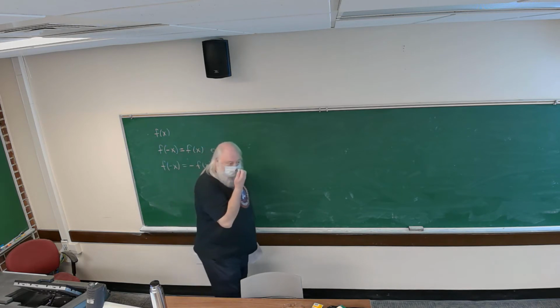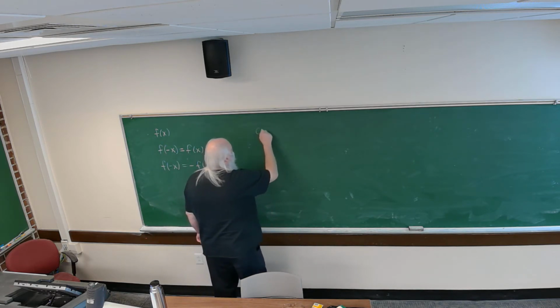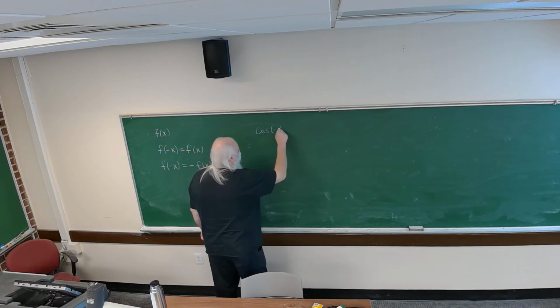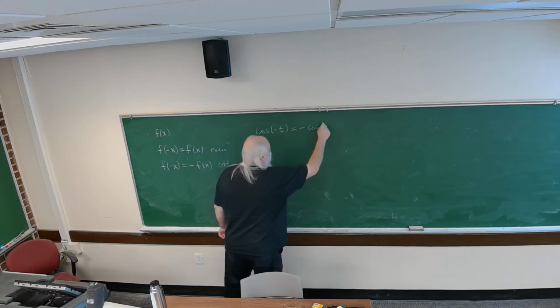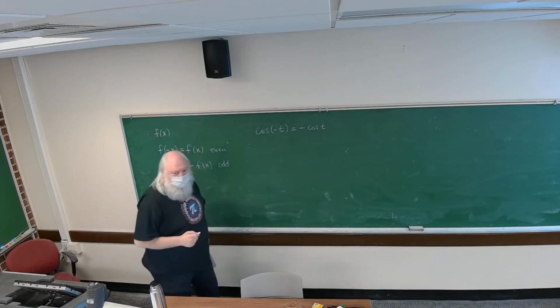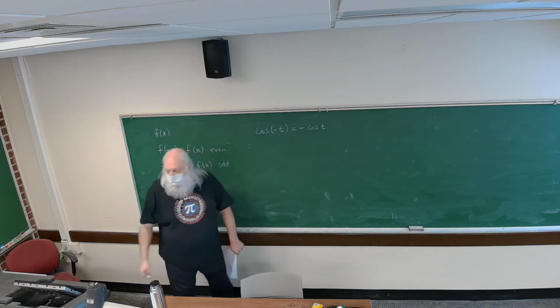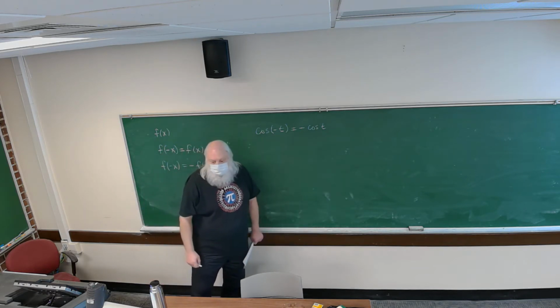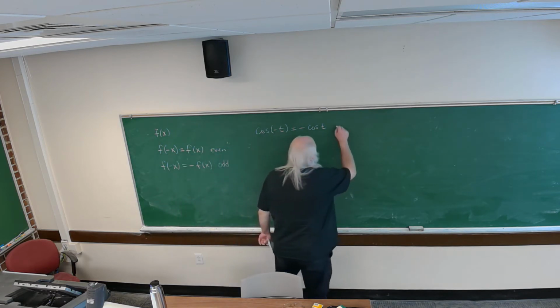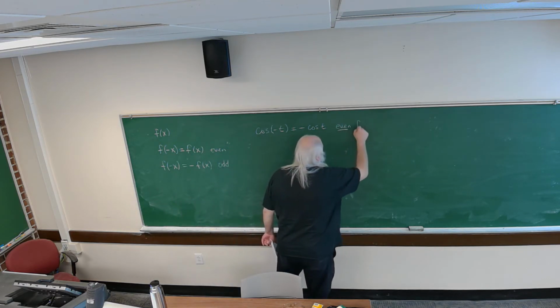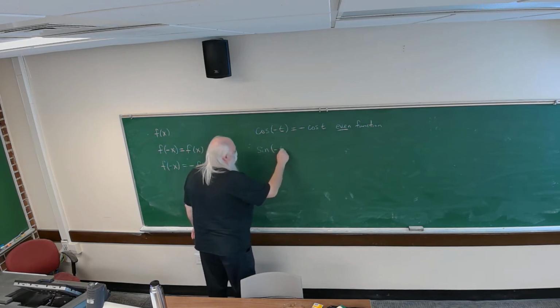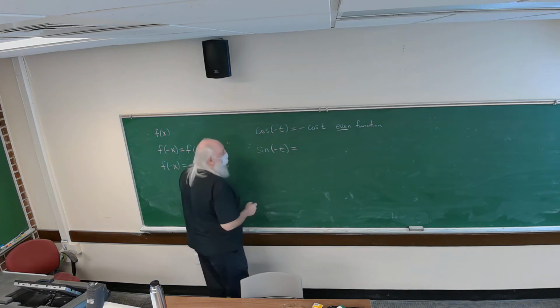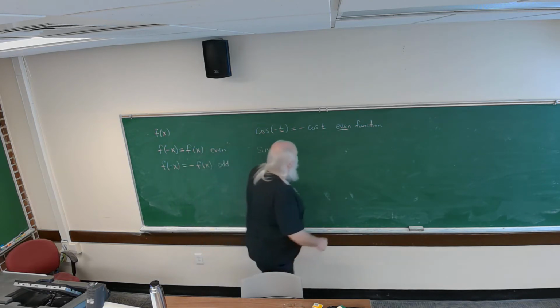Well, the cosine function turns out to be an even function. The cosine of minus t is equal to the negative of the cosine of t. Oh, I made a mistake.